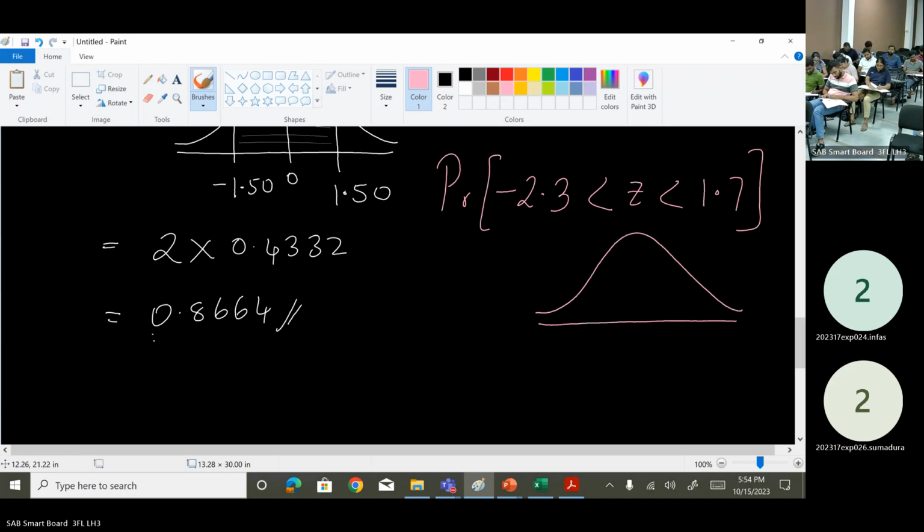So 0 here, 1.7 will be somewhere there, 2.3 will be somewhere here. So now we want this region. This region needed.